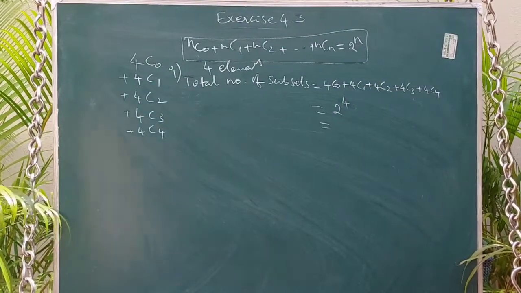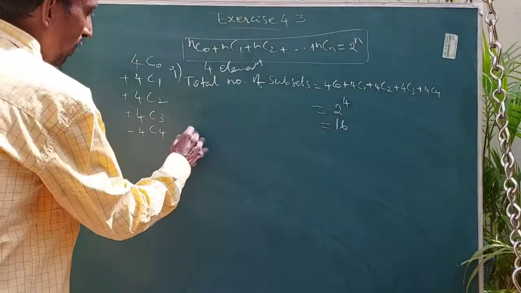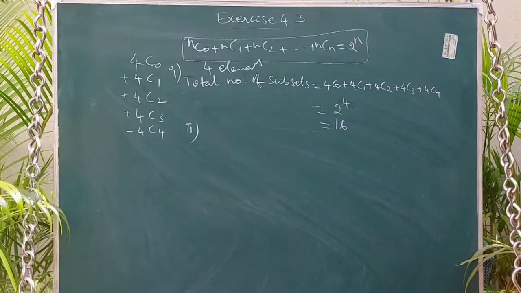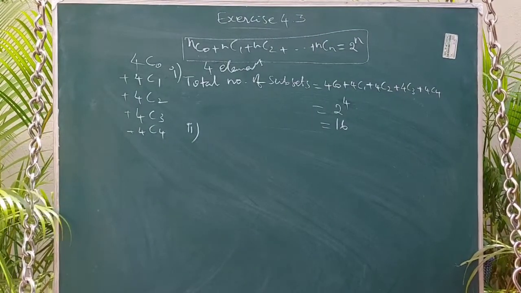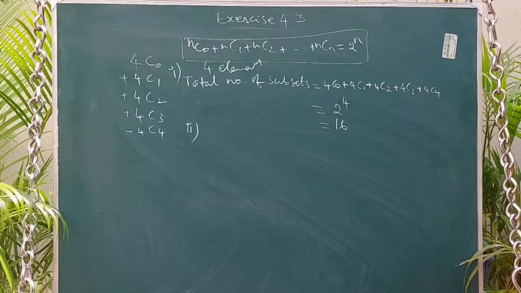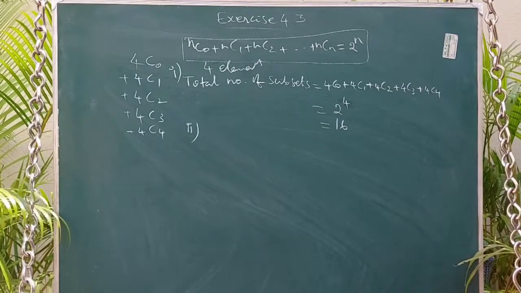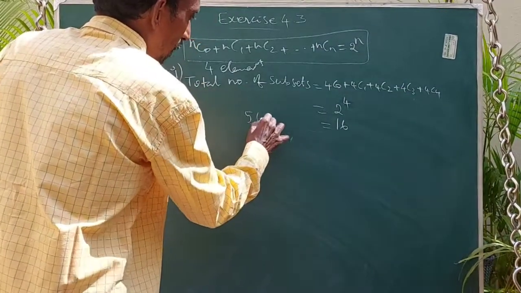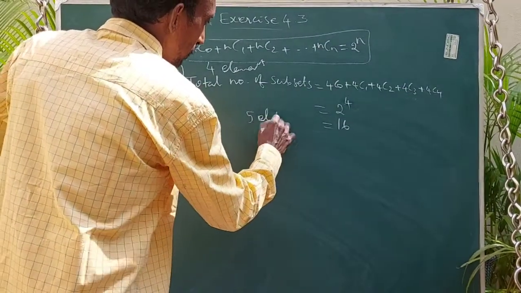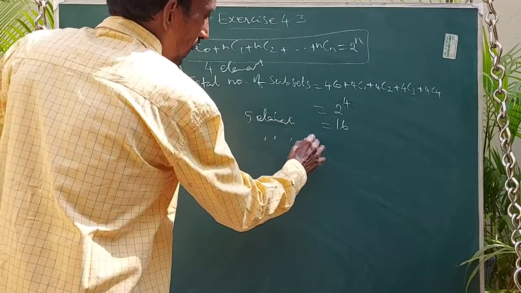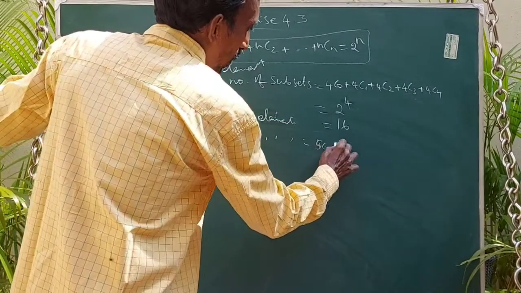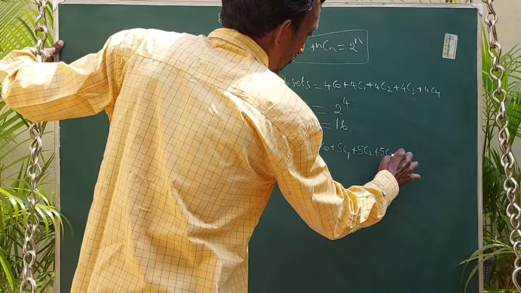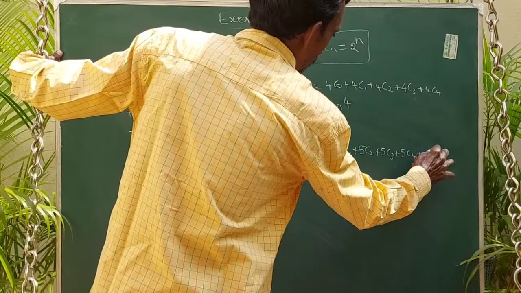Okay. And similarly, for the second subdivision, 5 elements. So the total number of subsets for 5 elements equals 5C0 plus 5C1 plus 5C2 plus 5C3 plus 5C4 plus 5C5.